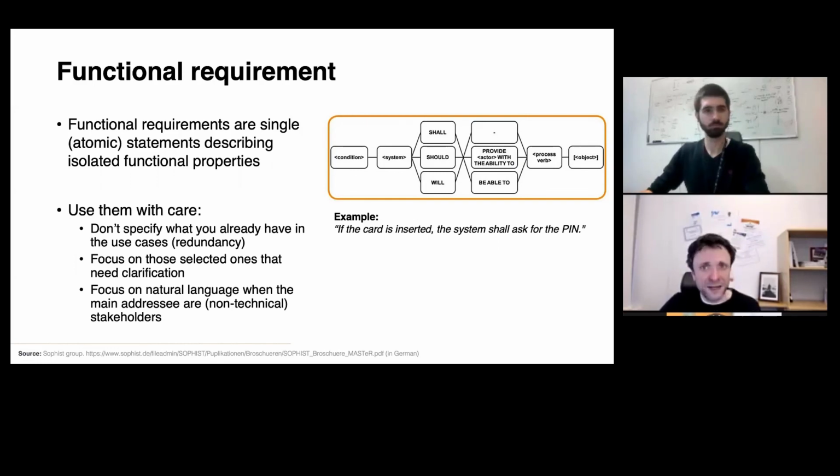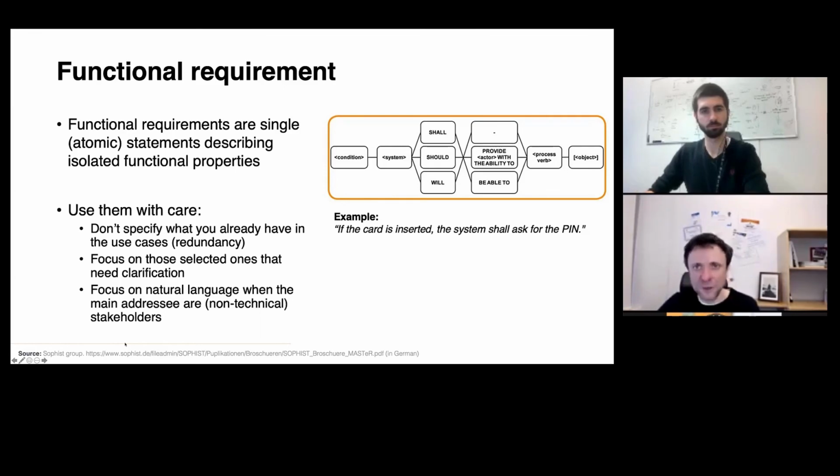If I specify them, think again about the importance of using the models as a means to communication. We tend to specify them using natural language specifications, which brings me to the patterns. There are a multitude of different patterns, natural language patterns, sentence patterns, how to structure the sentences. One of them provided by the so-called Sophist group.